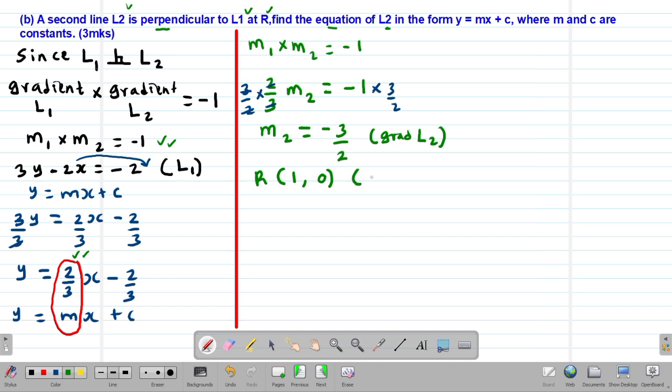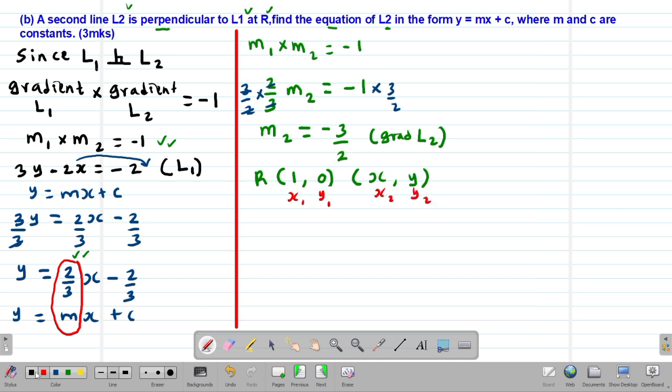So I'll pick another point, a general point (x, y), so that I can use it with the coordinates of R to find the equation in the general form. I'll let the first point be (x1, y1), and the general point be (x2, y2).